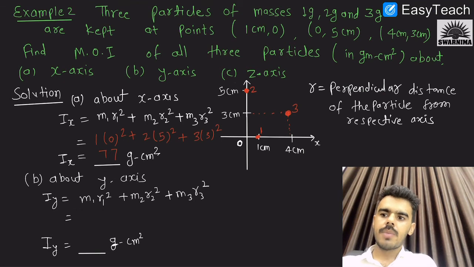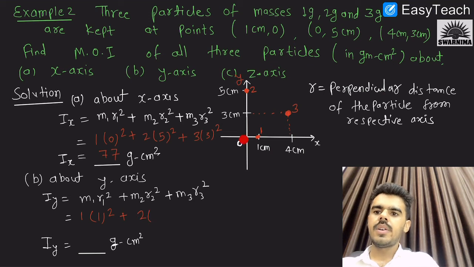Now we calculate about the y-axis. So Iy is equal to m1. m1 is 1 and the perpendicular distance, this is the y-axis, so this is the perpendicular distance, this is 1 square plus m2 is 2 and r2, the perpendicular distance, is 0 because particle number 2 is on the y-axis.